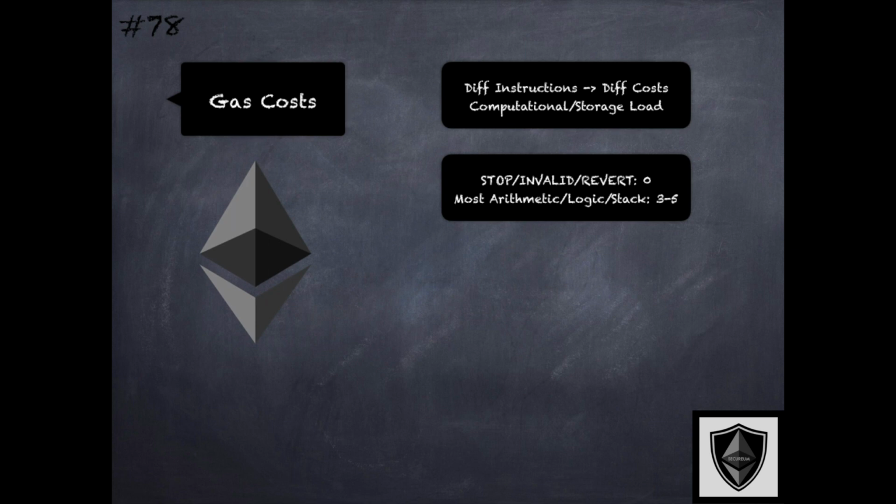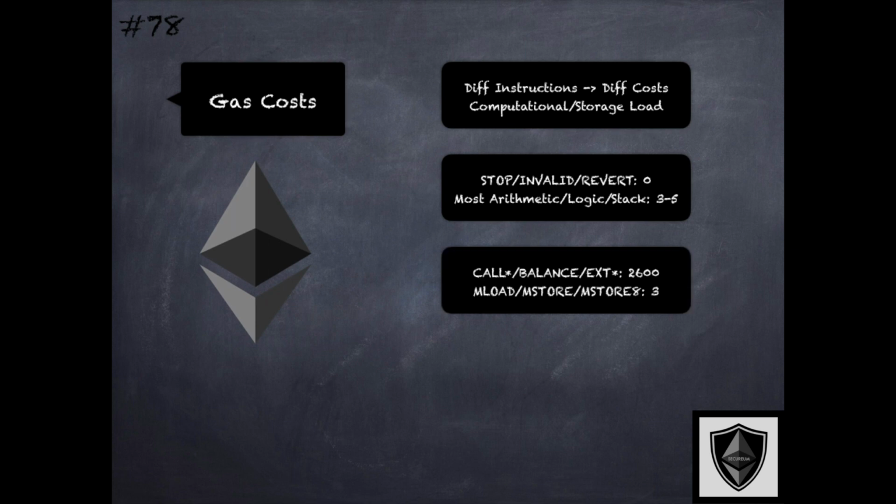So when we look at the gas costs, the simplest instructions like stop, invalid, and revert, that only affect the executing context in a very special way without really having a very high demand on the processing or the storage of that executing physical hardware, the gas cost for these instructions is 0. And for most of the arithmetic, logic and stack instructions the gas costs vary between 3 to 5 gas units.